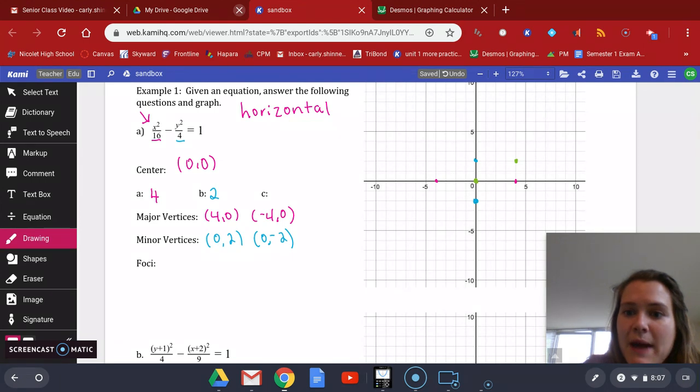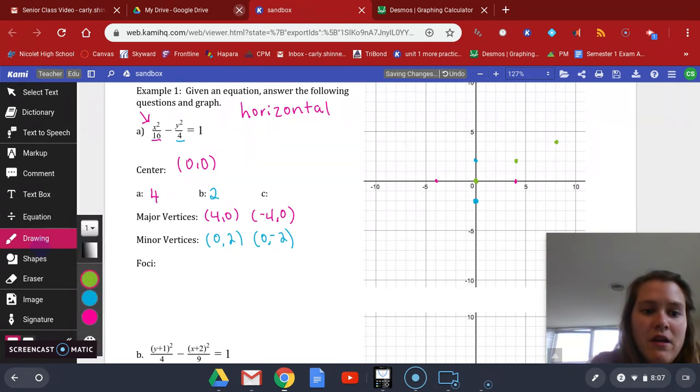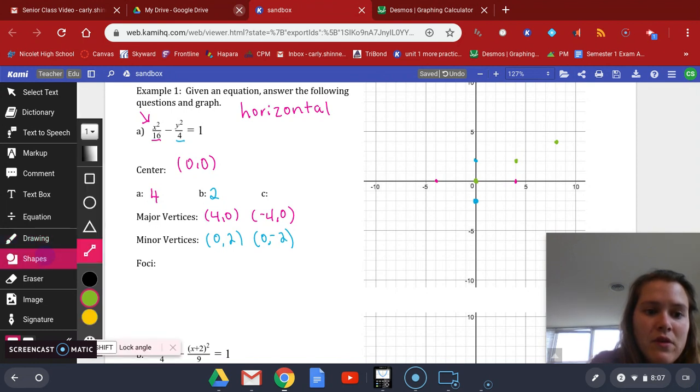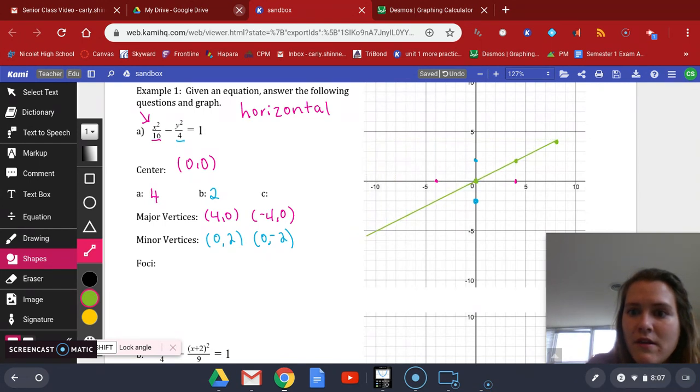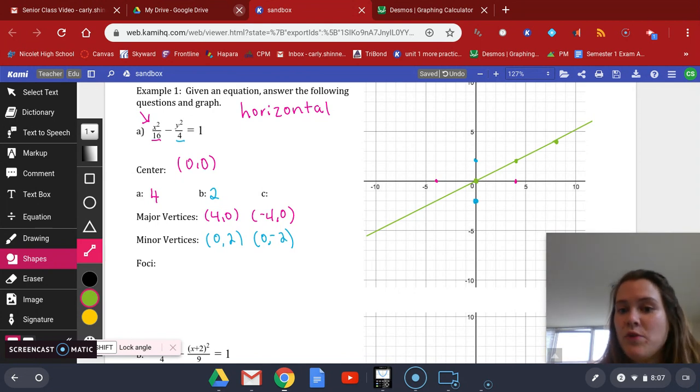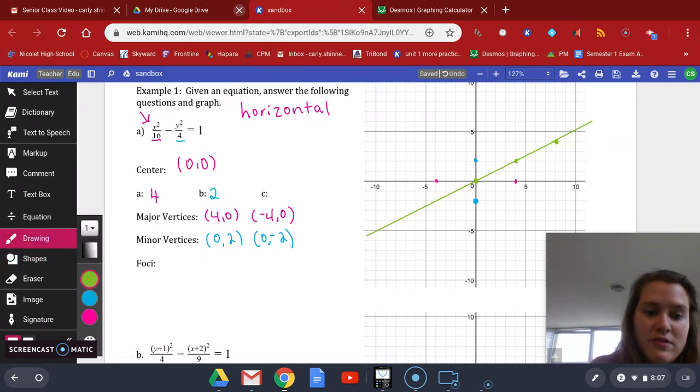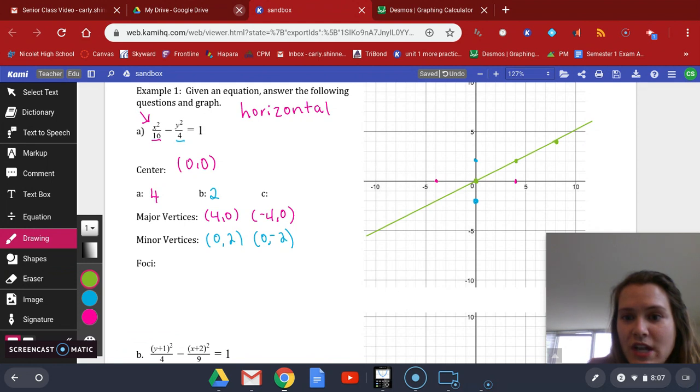So I could keep that pattern going here and make a line that way, like this. So some of you might like to do it that way, and then the asymptote on the other side is just going to be negative. So I'm going down 2 over 4.